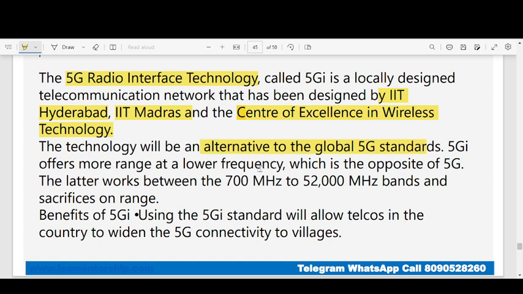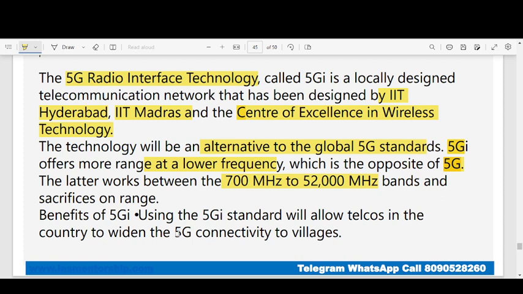Why are we coming out with this alternative? Because this 5G now works between 700 megahertz to 15,000 megahertz band. But this 5G-I, the interface technology, will allow to work even in the lower frequency. Even in the lower frequency, it will give more range.